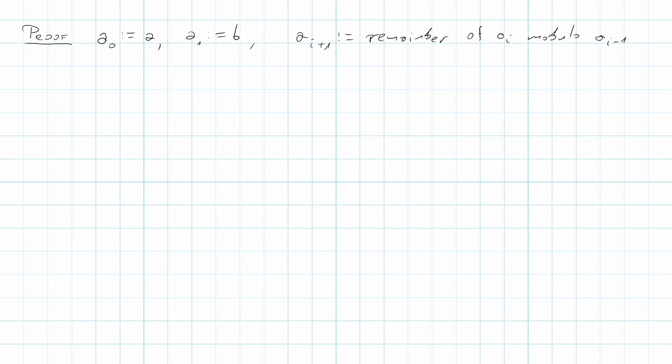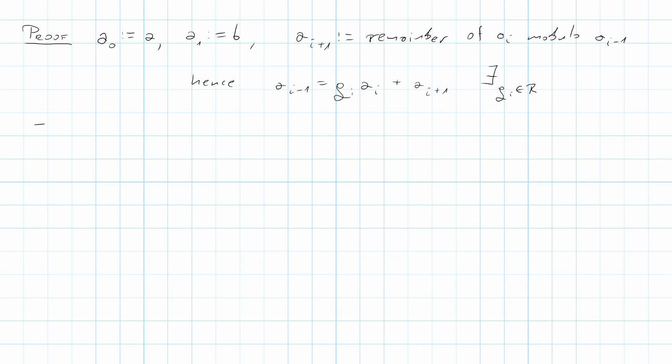In other words, we can write A_{i-1} is just some q_i times A_i plus A_{i+1}, and of course such q_i exists in the ring R.